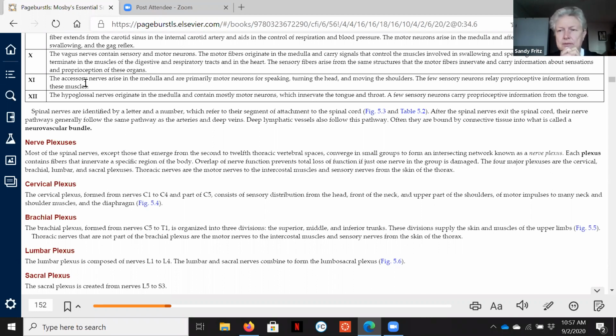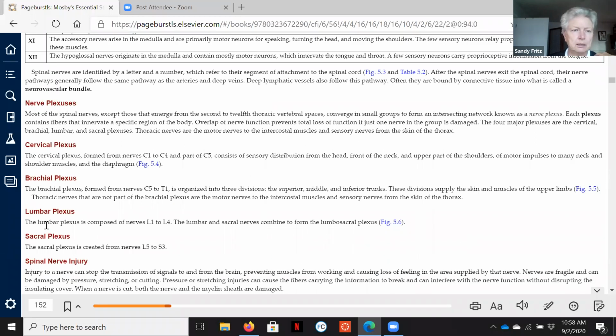So these are those plexuses that I mentioned in the previous video. So we have cervical, brachial, lumbar, and sacral. And these areas are also vulnerable to changes in the structure, which changes the hole or opening or tunnel that these nerves come through, and soft tissue can be a part of that as well, okay?